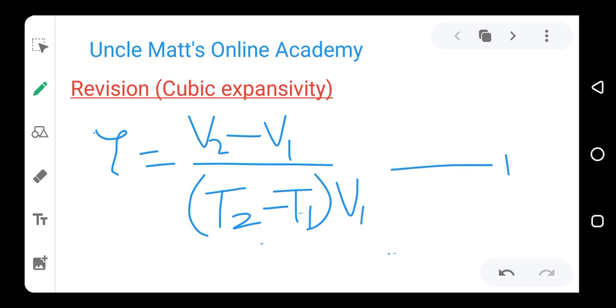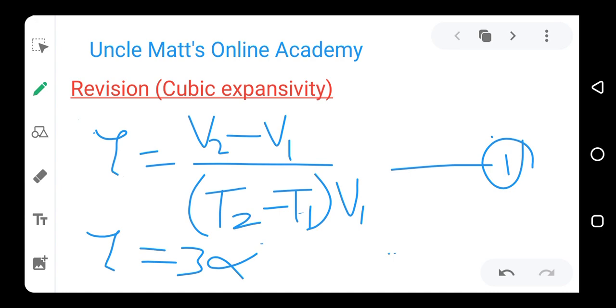This is the first equation we have for cubic expansivity.